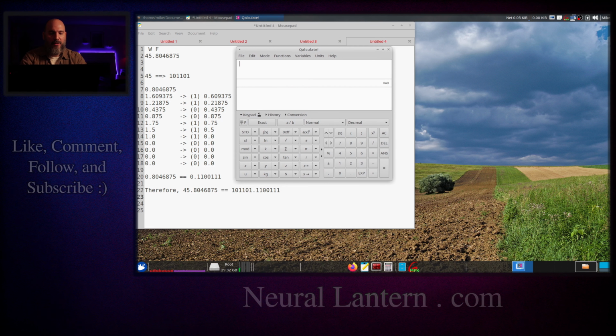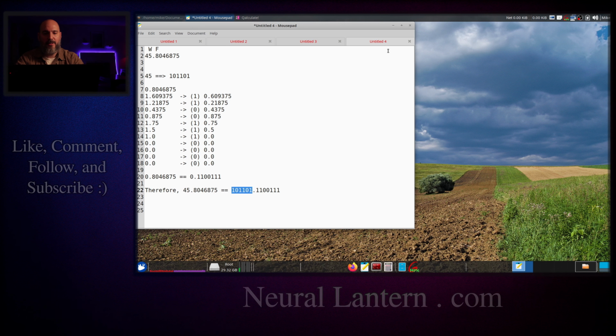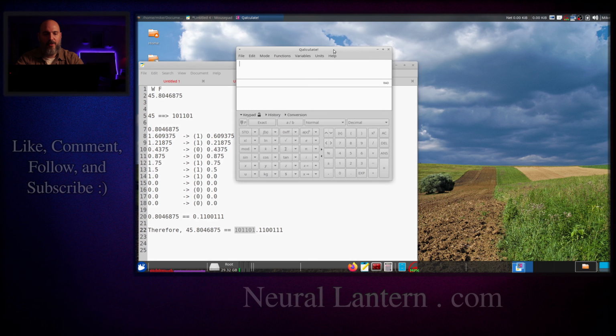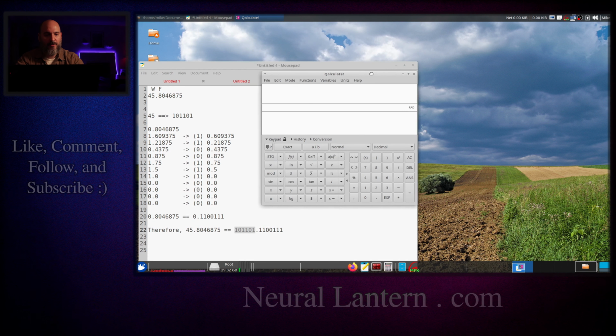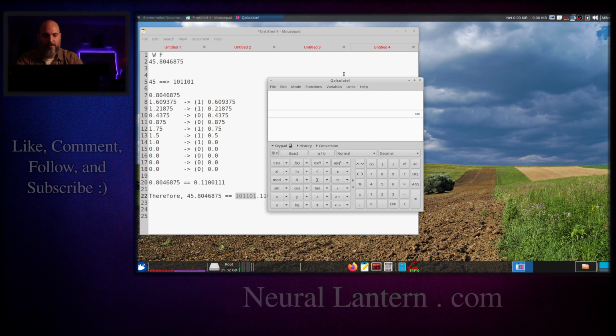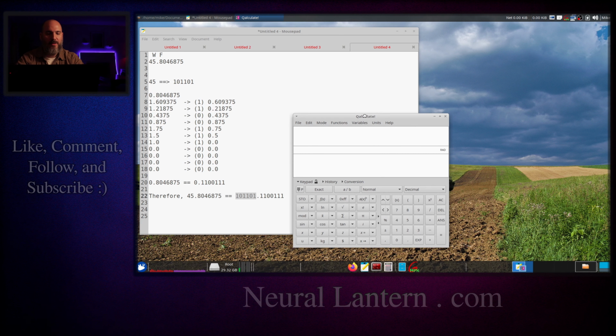I'll do it, okay. So just only looking at the fractional part, because this is not a video to convert whole numbers in binary and decimal, but just to convert the fractional part only. Okay.